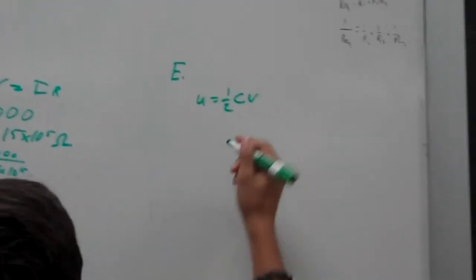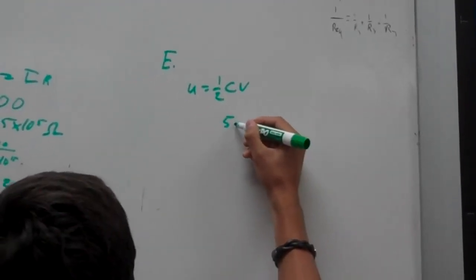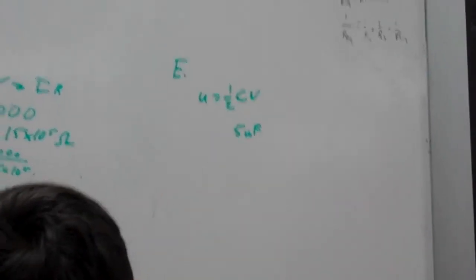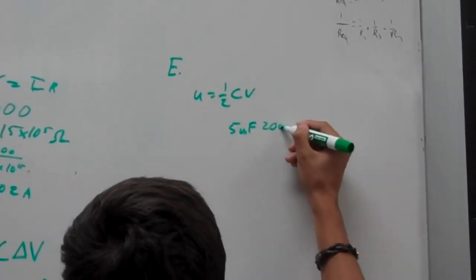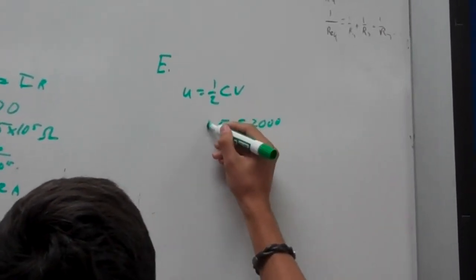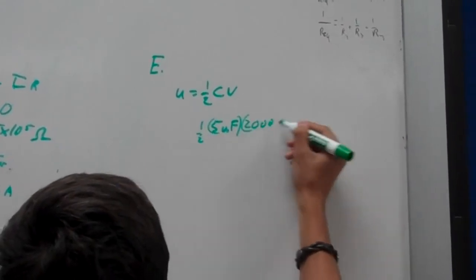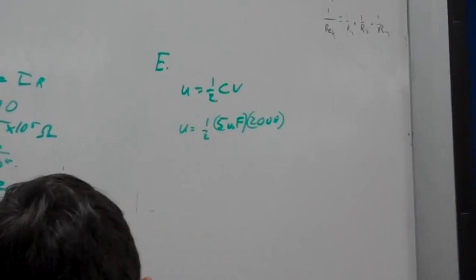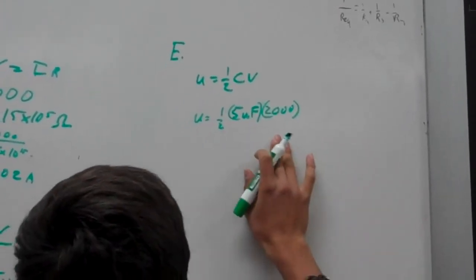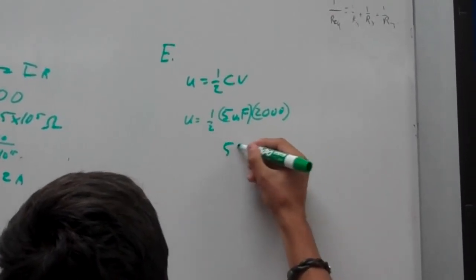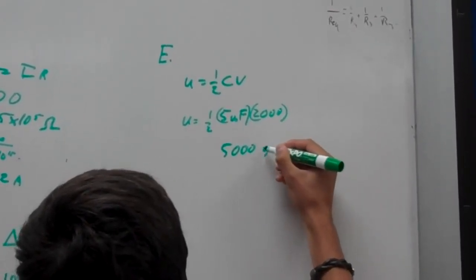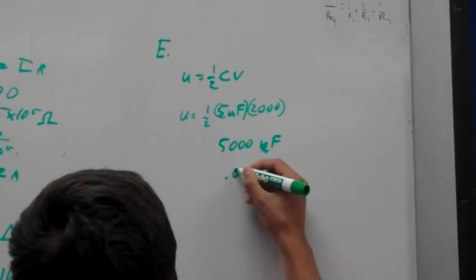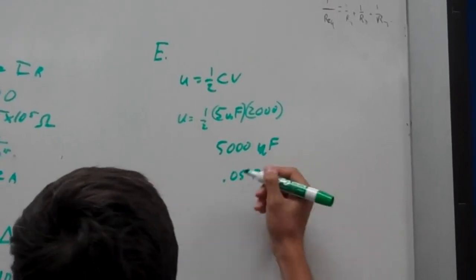You know your C is 5 microfarads, and your voltage, which we used, was 2000, and you're gonna get 1/2 times those equals your U. So your U is going to equal 5,000 microfarads, or you can change it and write it as 0.05 farads. Either way.